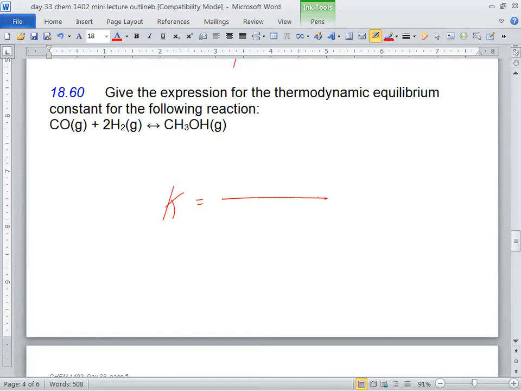They don't want you to write brackets, right? Because they're all gases. For a gas, have you seen this in the book? They want you to use capital P's because they're all partial pressures. So for gases, use capital P's. And the little subscript is going to be the compound.